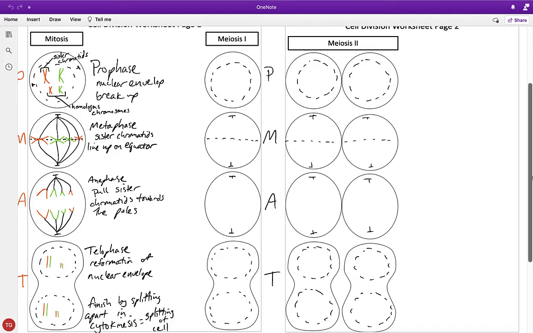But let's go ahead and begin and imagine maybe I've got a cell that's like the cell we had before that has this large orange chromosome. And let's say that it has a small orange chromosome as well.